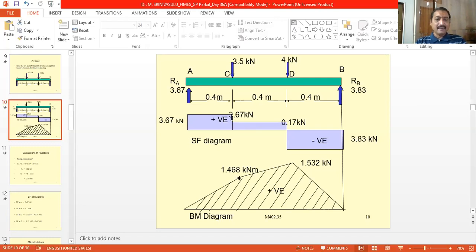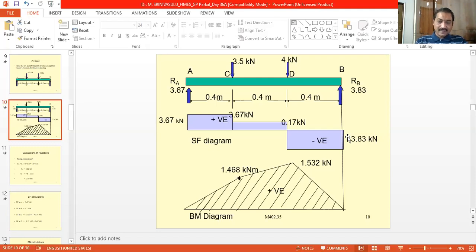So this increment is 3.5 and the total value is 3.67 kN of shear force at point C. Now as there is no other force between the points C and A, the same shear force will remain constant, and the shear force at C is also equal to the shear force at point A. So therefore it is also equal to 3.67 kN. So like this, now this is the shear force diagram that we have obtained from the calculations.